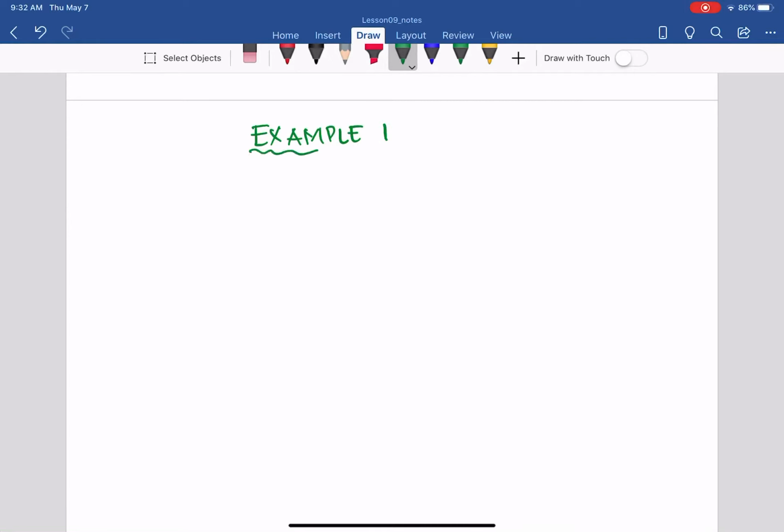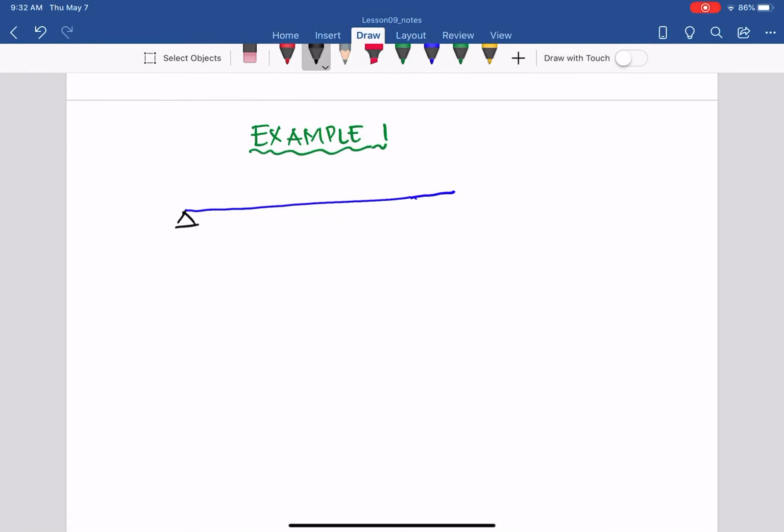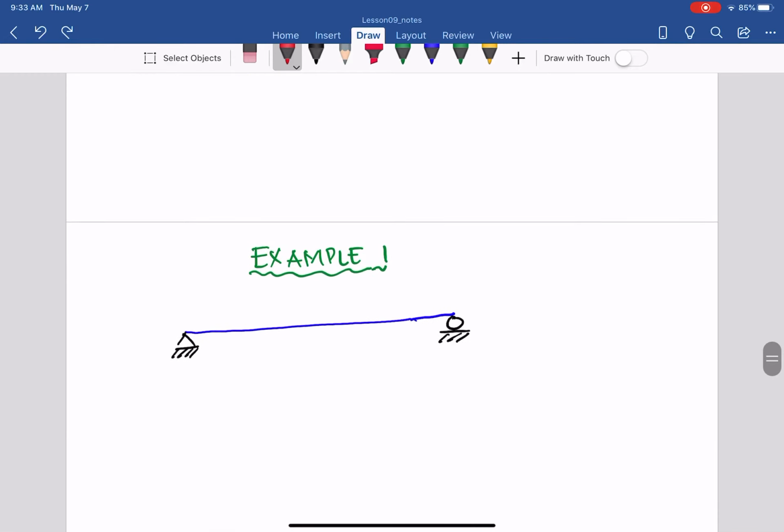Here, we have a simply supported beam. The left side is a pin and the right side is a roller, and in this case I only have one concentrated load in the middle, 10 pounds.